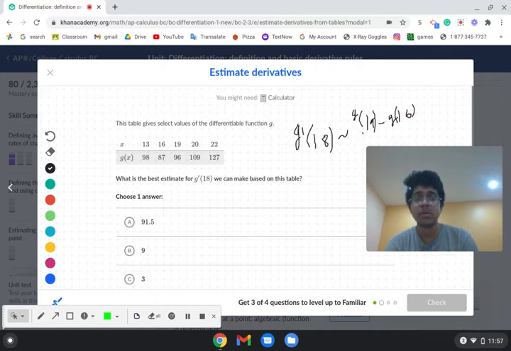This is basically the slope. That's the best estimator of a derivative when we're only given a table like this.